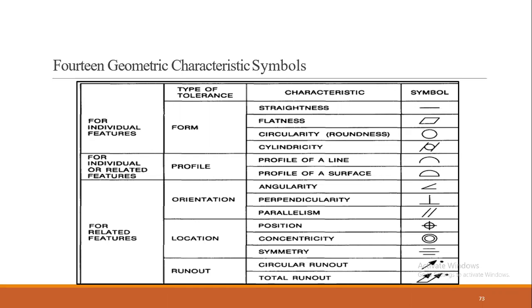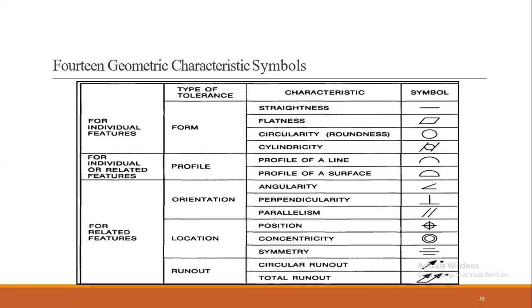These are the main five types of tolerances, and they are divided into characteristics. The form is divided into straightness, flatness, circularity, and cylindricity. You will get symbols also. Straightness represents a straight line, flatness represents a diamond shape, circularity represents a circle, and cylindricity represents a circle with two lines.